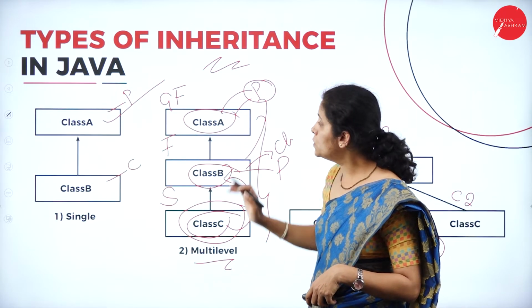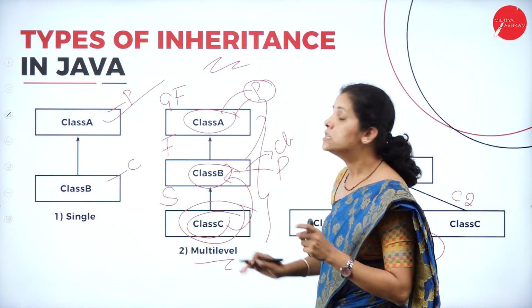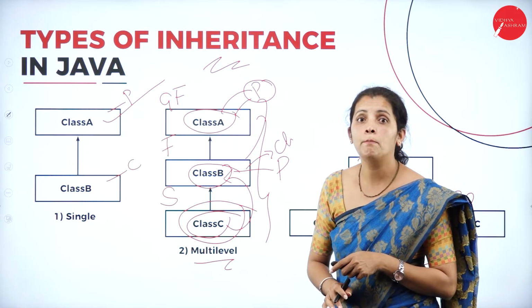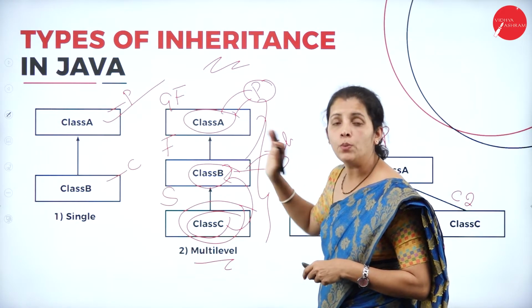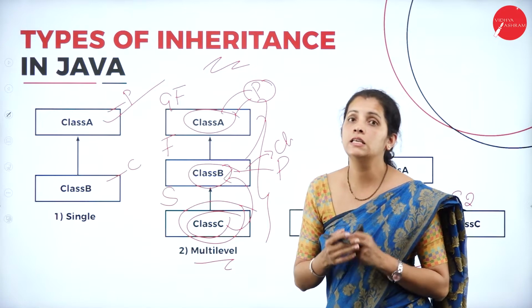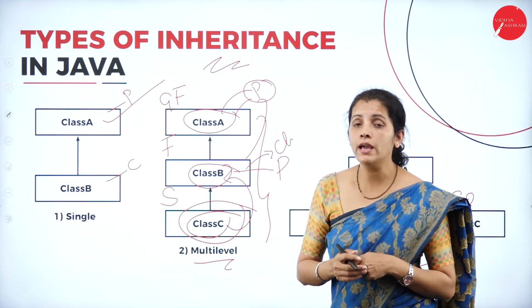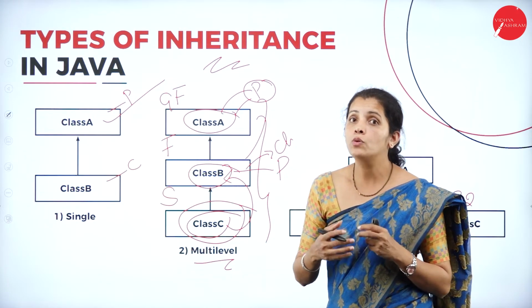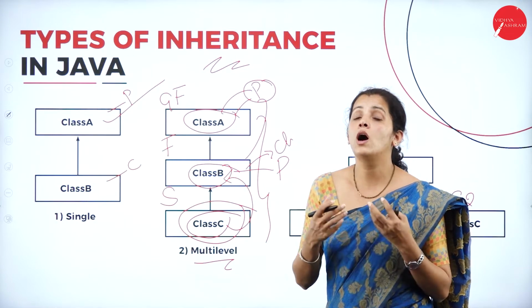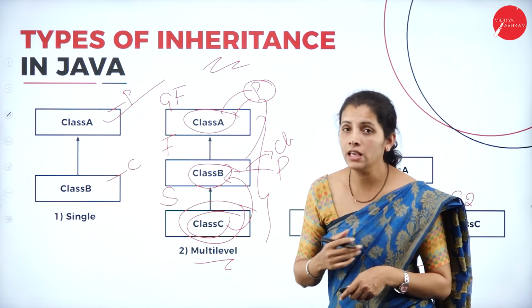And dear students, just remember one thing: in Java, Java does not support multiple inheritance through classes. To achieve it in Java, we use interfaces. Anyway, we are going to study what an interface is, how to implement an interface, or how to extend, in my upcoming session.